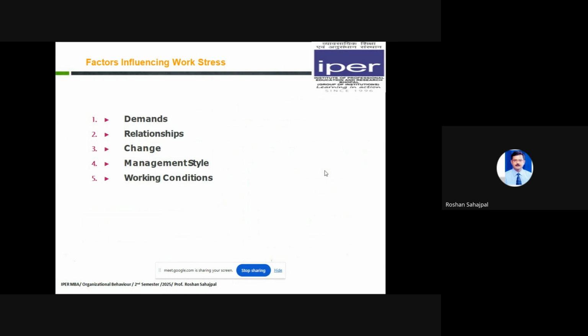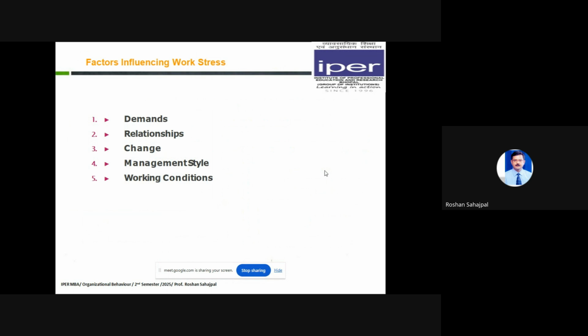Working conditions. Suppose somebody goes to work where ventilation is not proper, the person is sweating from morning till evening, or there are loud noises coming. For example, a person is working in a workshop where machines are making a terrible sound. Ultimately, there will be a medical condition that the employee will face.